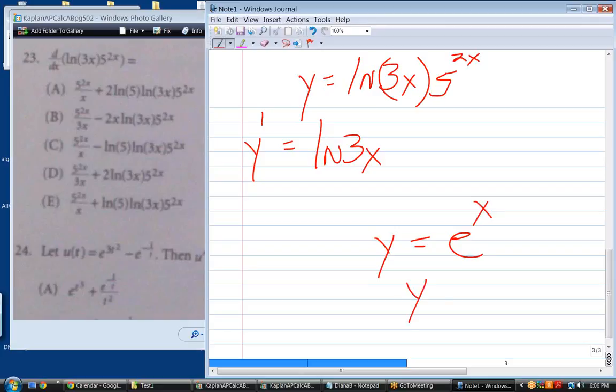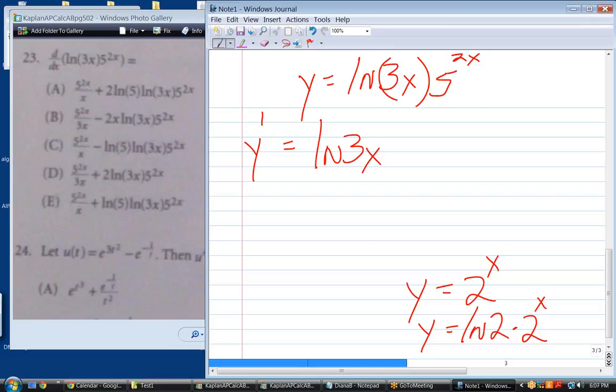But if it's 2 to the x, then the derivative is very similar. It's natural log of 2 times 2 to the x. So it's a lot like e to the x. You could say that if y equals e to the x, the derivative would be natural log of e times e to the x.